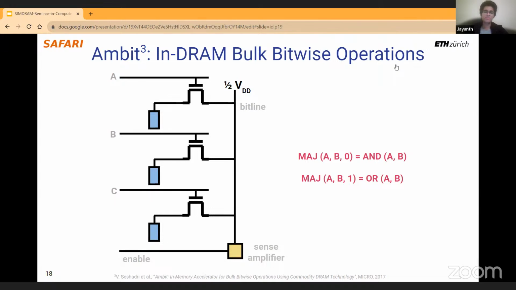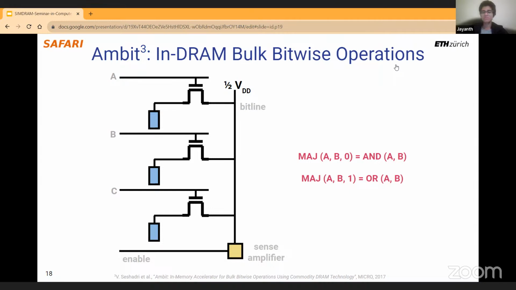For example, if we tie one of the rows to all zeros, we would essentially be performing an AND operation, because A and B have to be high for the output to be high. And when we tie one of the rows to all ones, we would essentially be performing an OR operation. This way we can perform bulk bitwise operations within the DRAM subarray.